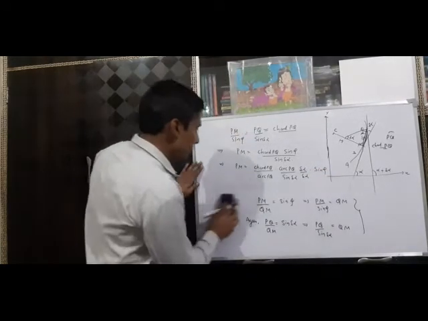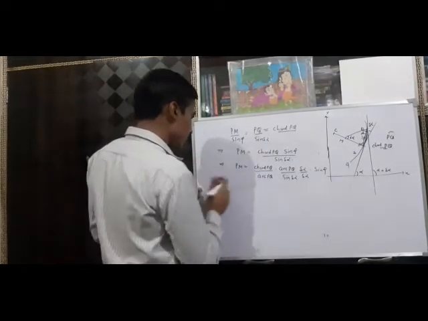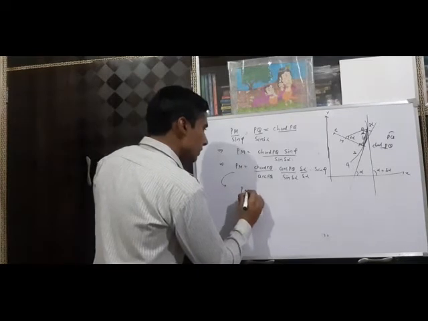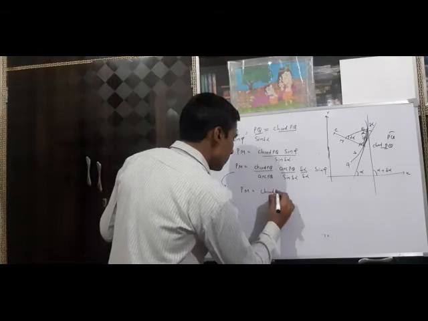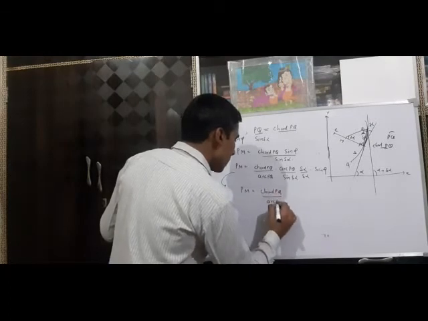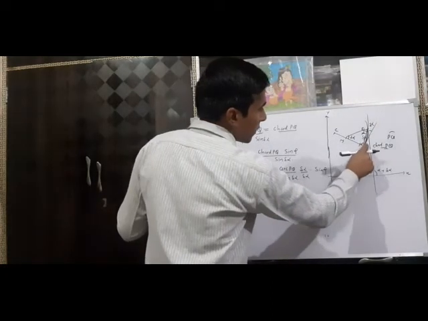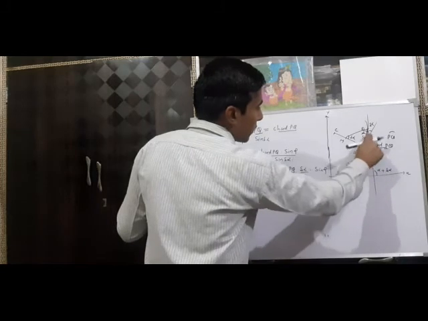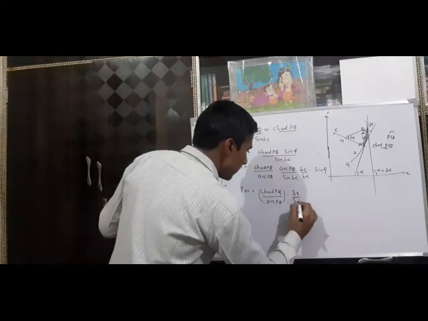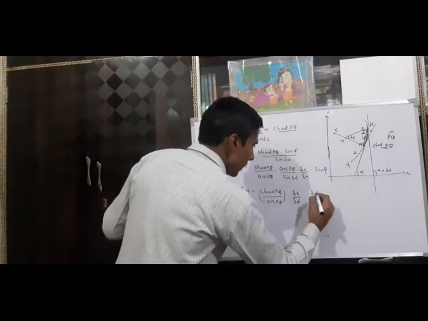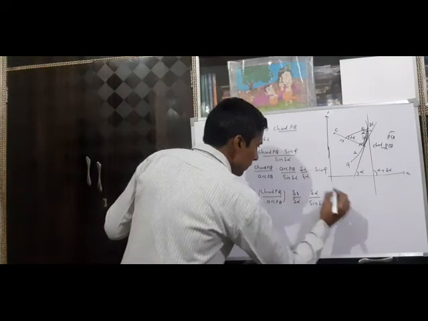Now we rewrite this expression as PM is equal to chord PQ upon arc PQ into arc PQ, this is P and this is Q, and the length of this arc is del S, upon del alpha into del alpha upon sine del alpha into sine of phi.